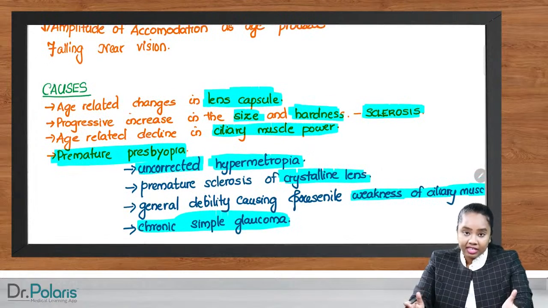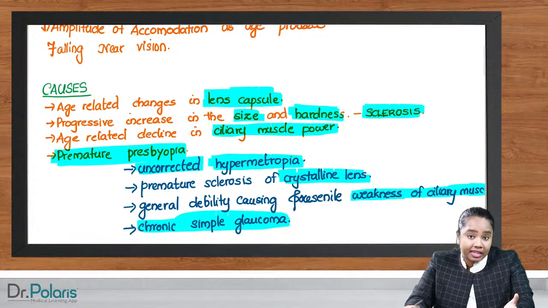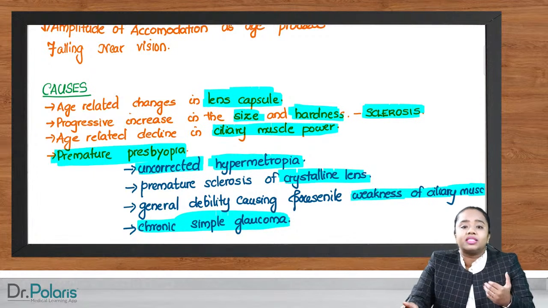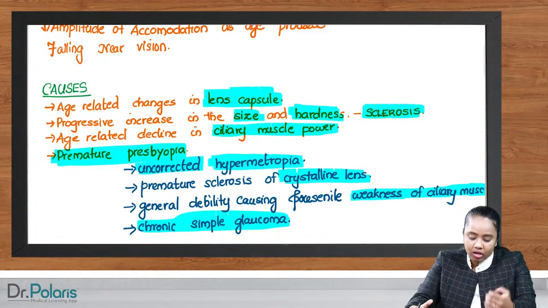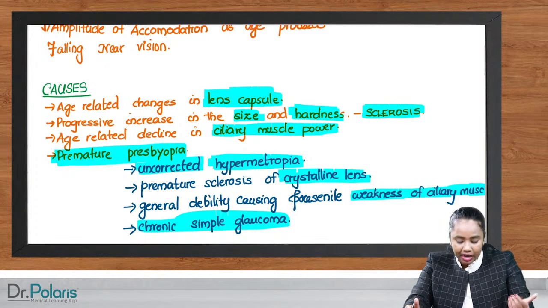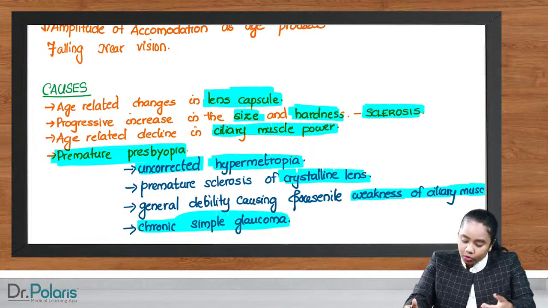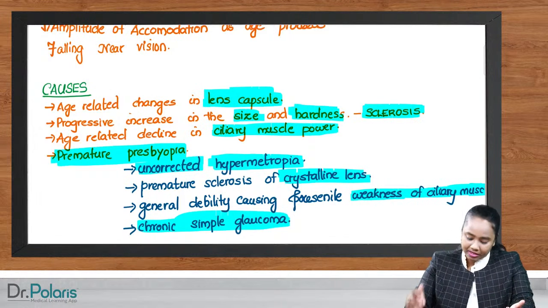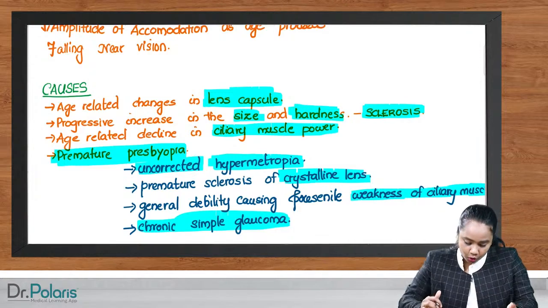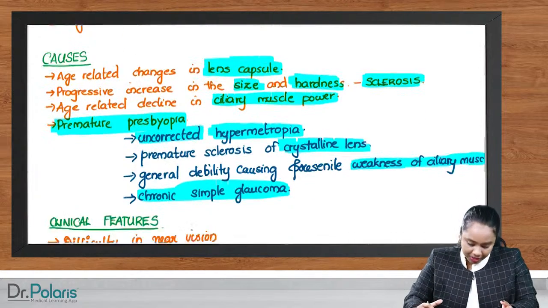To summarize: age related changes in the lens capsule, increased size and hardness of the lens, that is sclerosis, and decreased ciliary muscle tone because of age. Premature presbyopia occurs in uncorrected hypermetropia, premature sclerosis of the crystalline lens, presenile weakness of the ciliary muscle, and finally chronic simple glaucoma. So these are the causes of presbyopia.